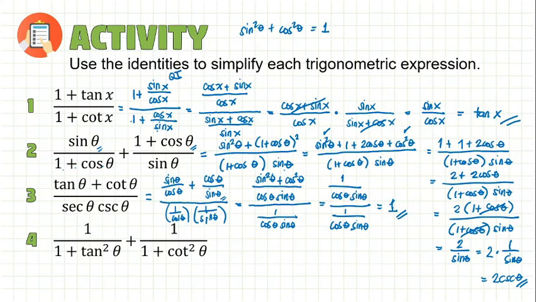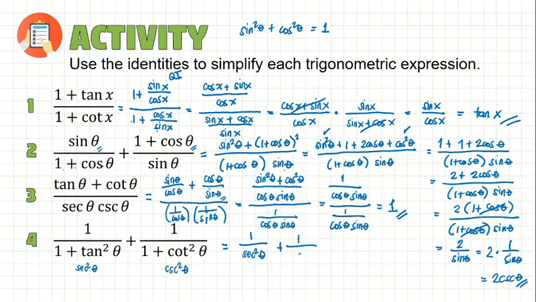And for the last one, for number 4, let's try this one. So we have 1 over 1 plus tangent squared theta. From our Pythagorean identity, 1 plus tangent squared is just secant squared theta. So we have 1 over secant squared theta plus 1 over this one. 1 plus cotangent squared is just cosecant squared theta.